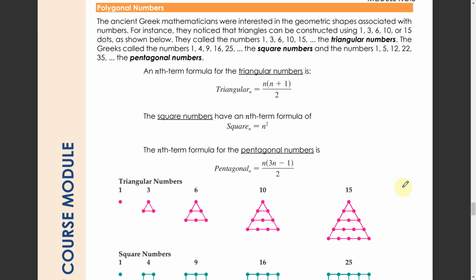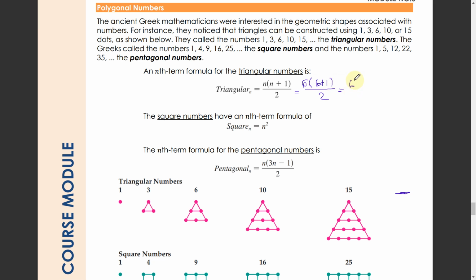So for example, you are going to find the sixth term. How many dots in your triangular number? So in the sixth term, of course, your n is 6. 6 plus 1 is 7.